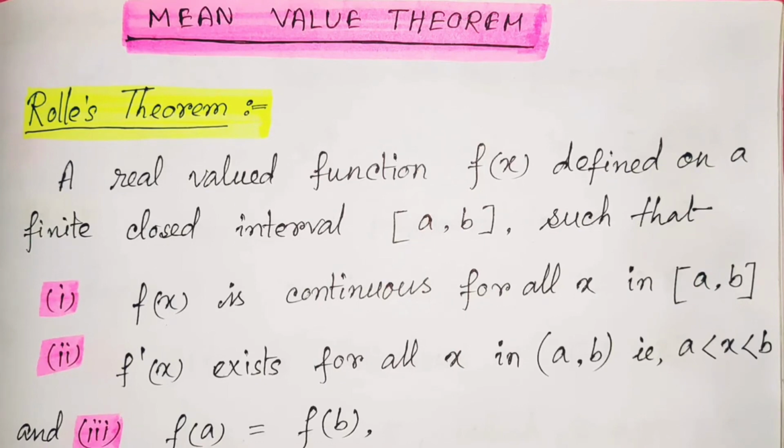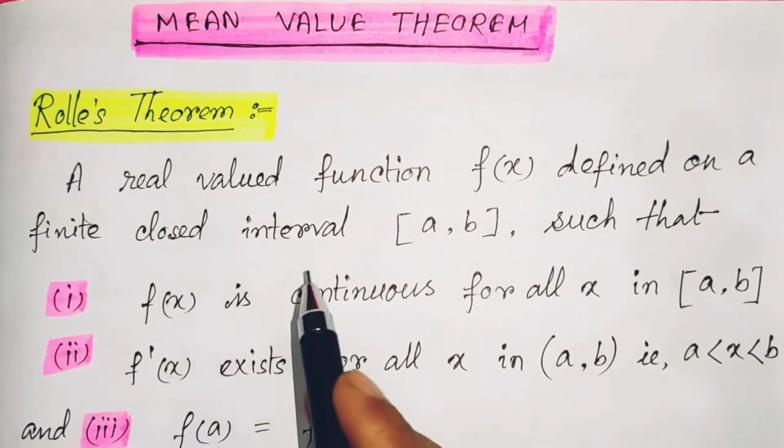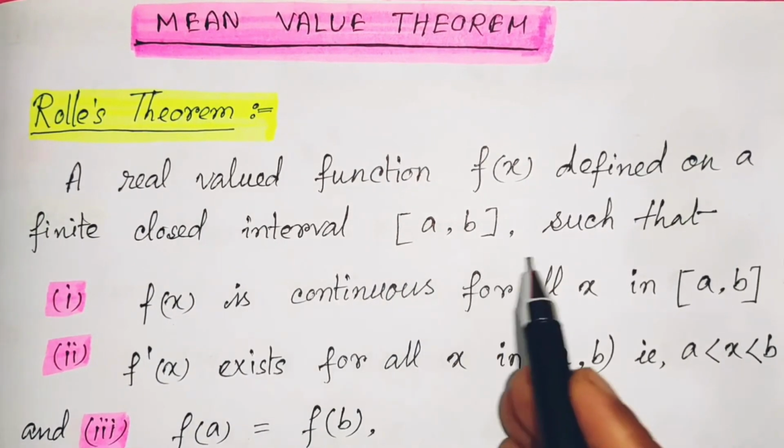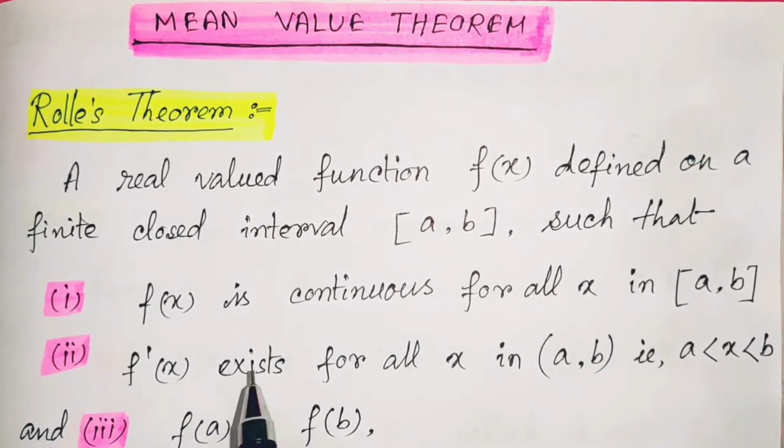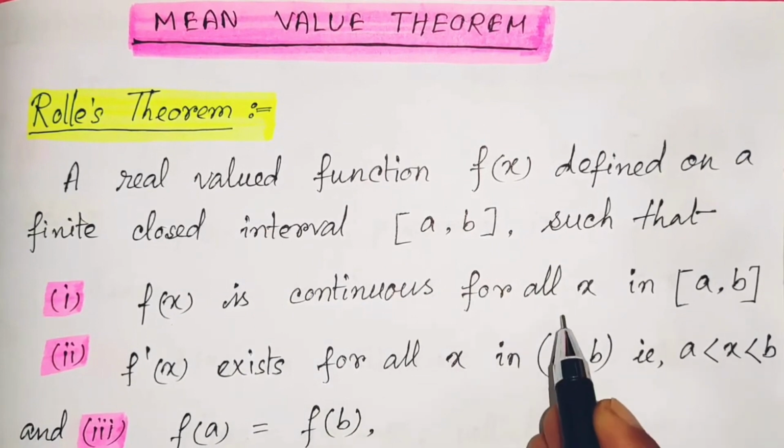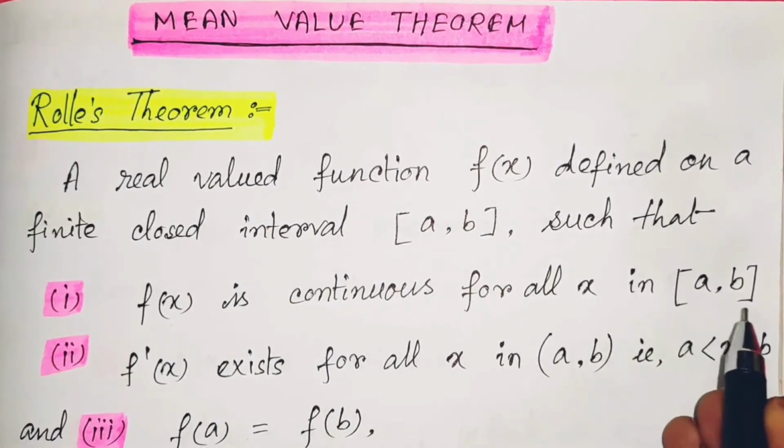So, at first, let us try to understand the statement of this theorem. The statement says that a real valued function f(x) is defined on a finite closed interval [a, b] such that f(x) is continuous for all x in [a, b], that is the closed interval.